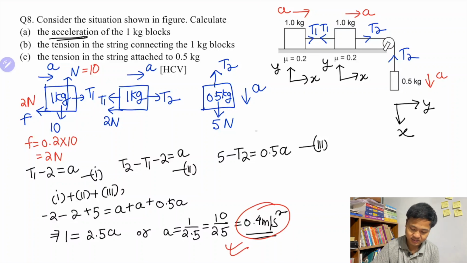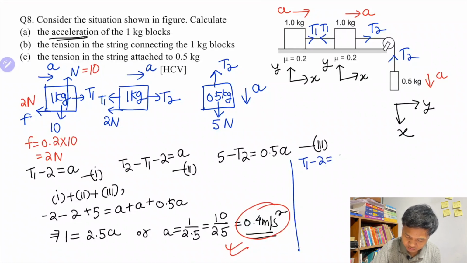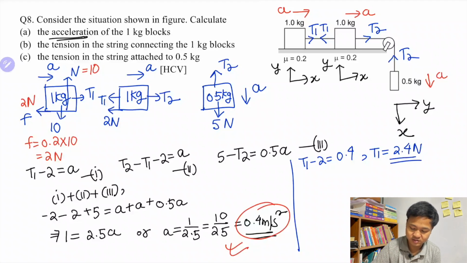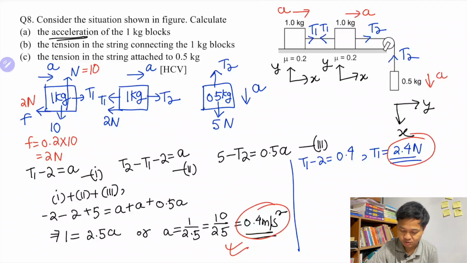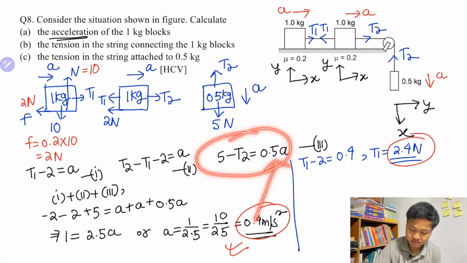Now put the acceleration in equation number 1 to find T1. So T1 minus 2 should be equal to 0.4. Therefore T1 will be 2.4 Newton. That is tension number 1. For tension number 2, you put the value of A directly in equation number 3.